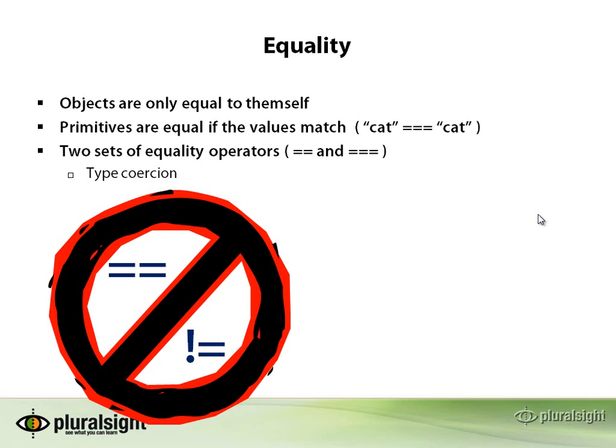So for example, if you said the number 1 == a string containing just the character 1, the == operator would say that they are equal, and the === operator would say that they're not. That might be confusing, so let's look at an example.